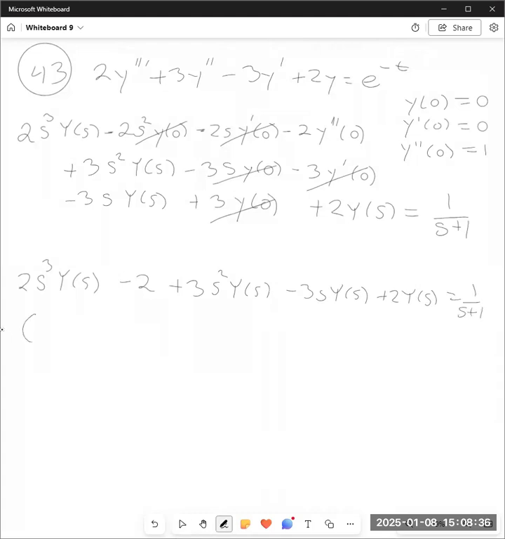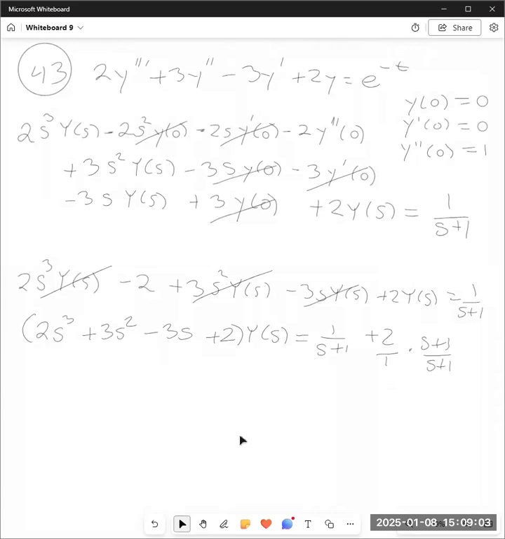Gathering my like terms together here, 2s cubed plus 3s squared minus 3s plus 2 capital Y of s. I'm going to move that 2 to the other side of the equation and make it have a common denominator here with this other piece.